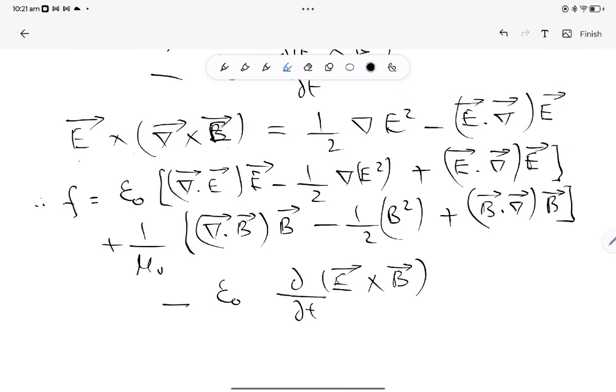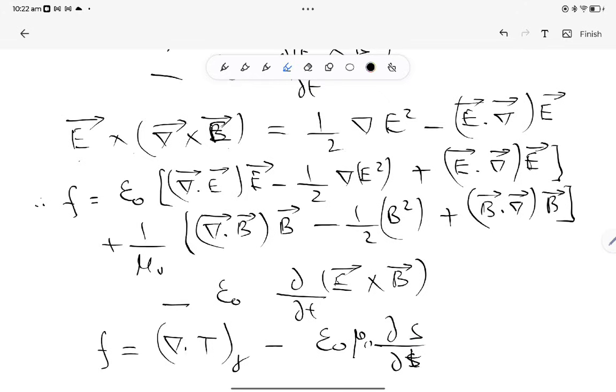Now this whole thing looks terribly frightening, and by an ingenious technique, if I tell you that we can write this whole thing simply as F is equal to del dot T minus epsilon naught del by del t S, mu naught S divided by mu naught.